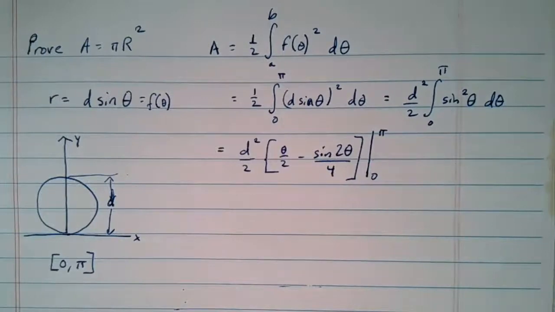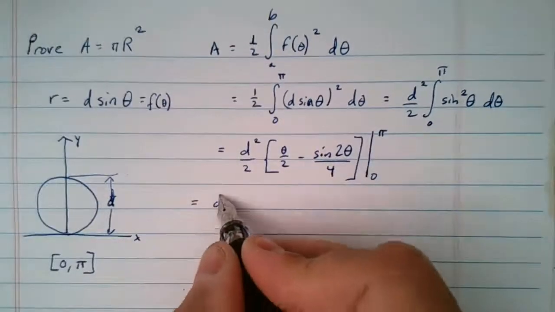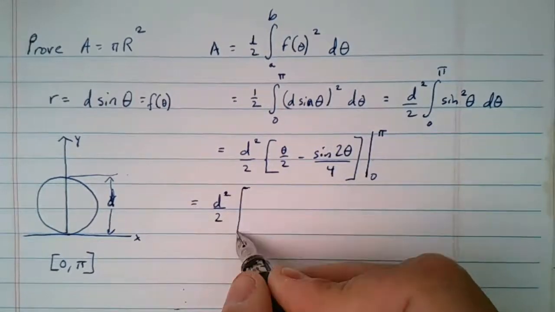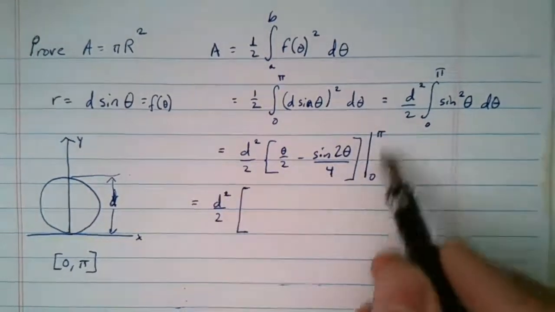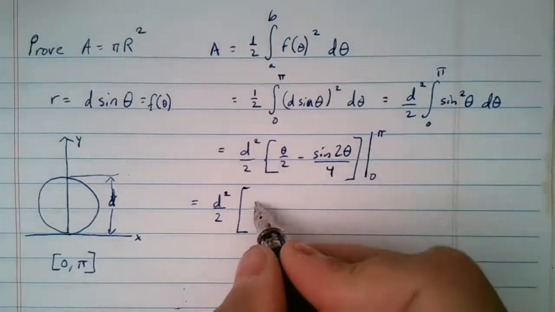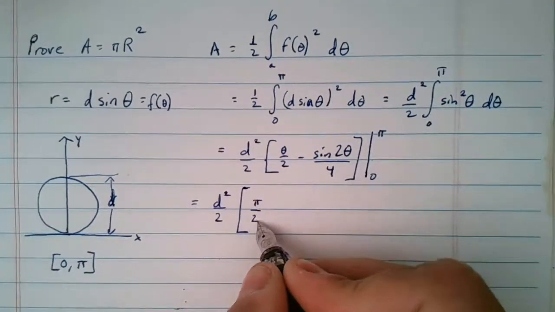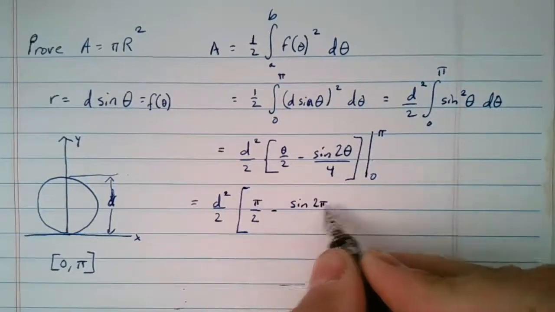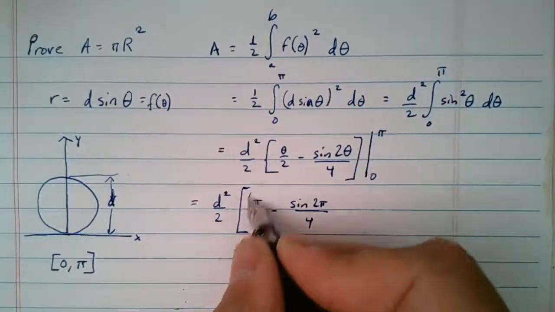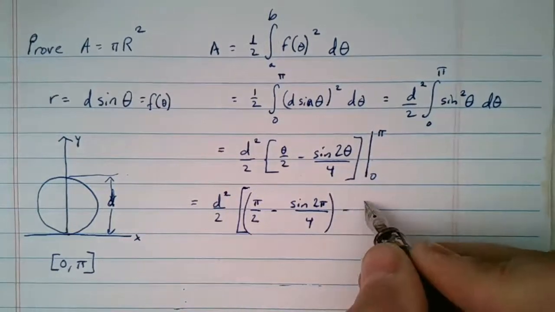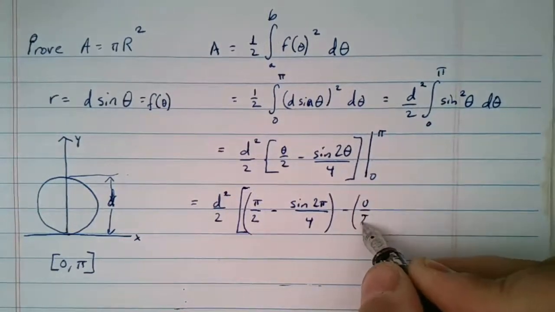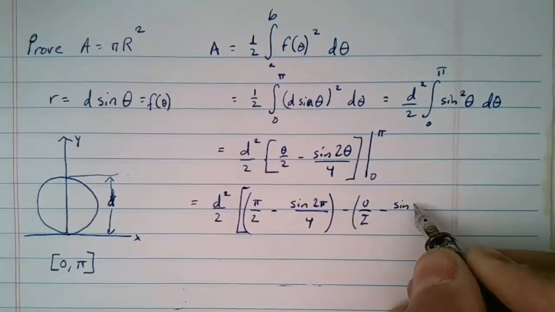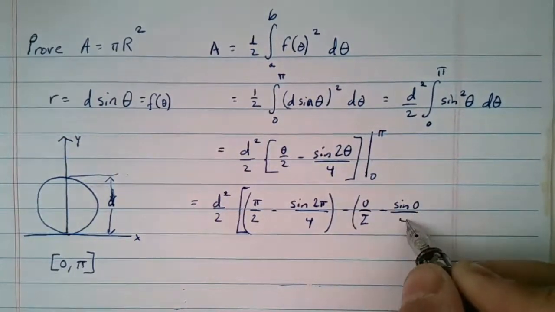Okay, so that gives me d squared by 2 times, and if I evaluate from 0 to pi, it's going to be what? Pi by 2 minus sine of 2 pi by 4, minus 0 by 2, minus sine of 0 by 4.